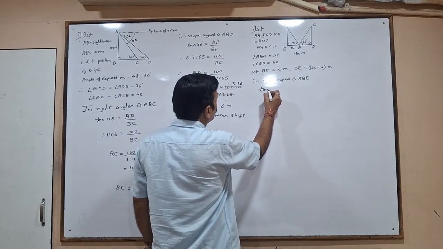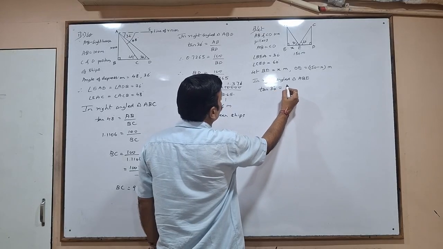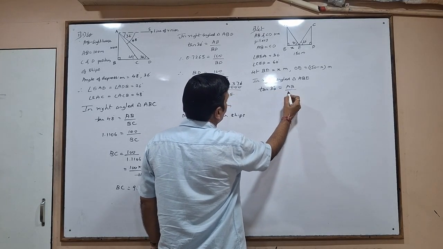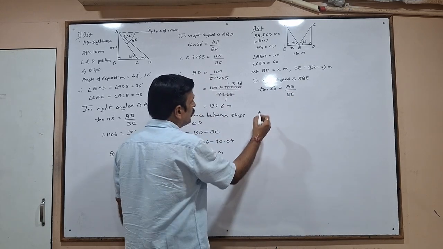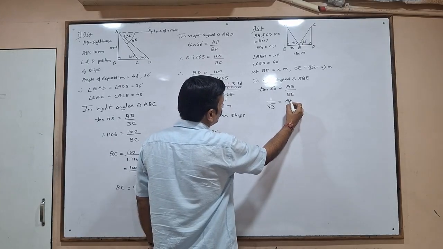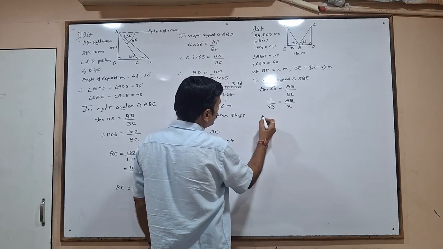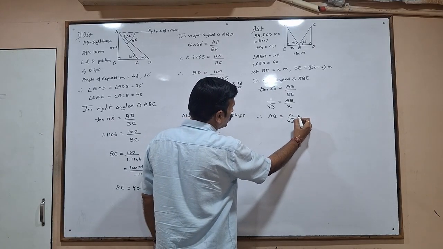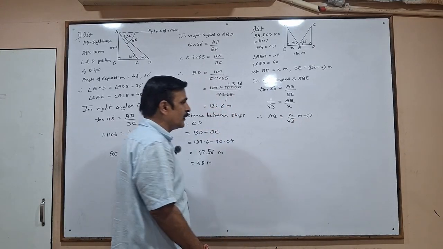So tan 30 will be AB upon BE. Tan 30 is 1 by root 3, AB and BE is x. So AB is x upon root 3 meter. Let us mark it as 1.